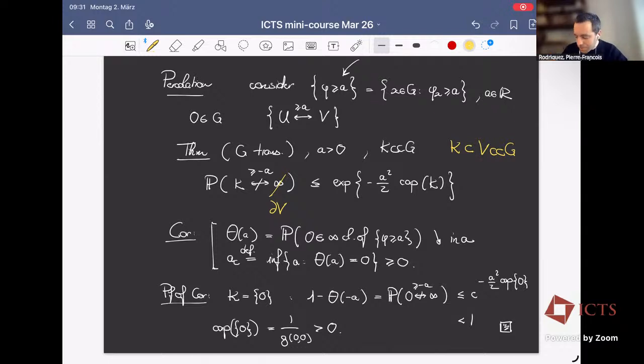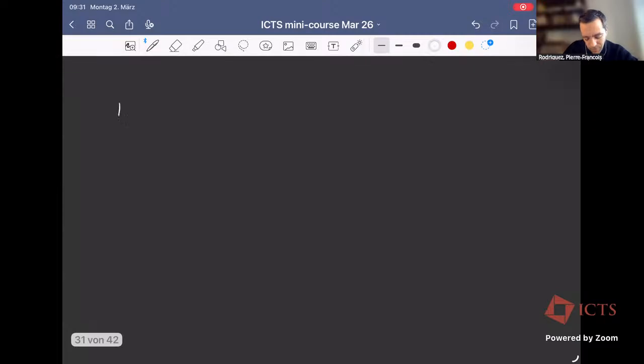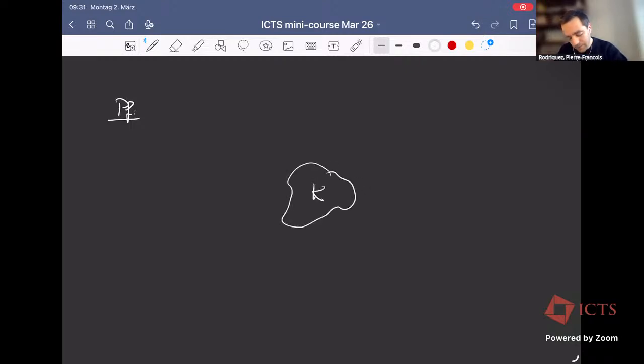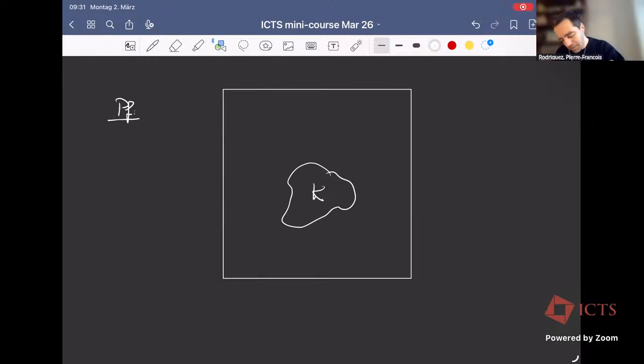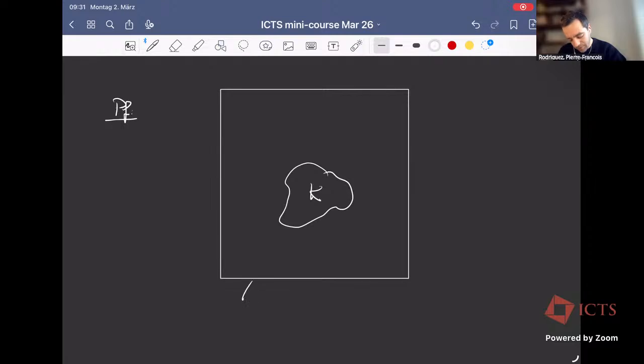Okay, so more precisely, here's a proof. Let me try and draw a picture. This is my set K. This is maybe my reference set V. So this is the boundary of V. You should think of V as becoming large.